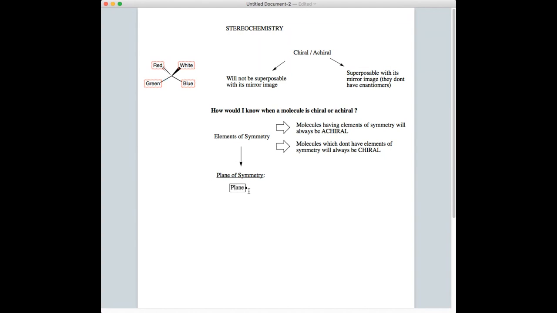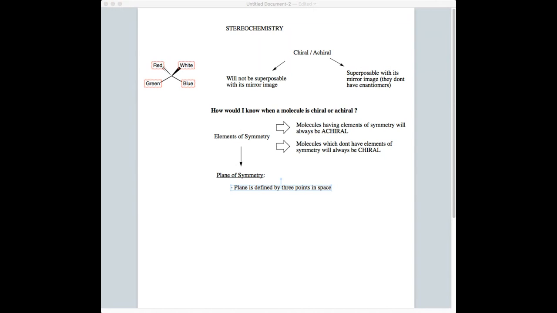So a plane, first of all, is defined by 3 points in space. Number one thing you need to know. If we translate this into atoms and molecules, a plane will be defined by 3 atoms. For example, in this molecule, a plane could be defined by this atom here and this here.